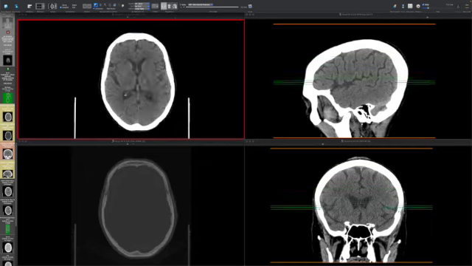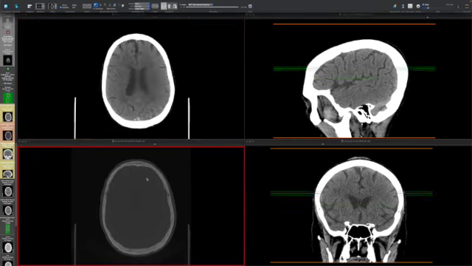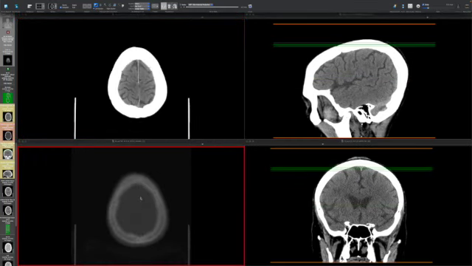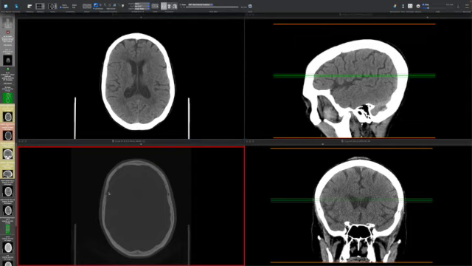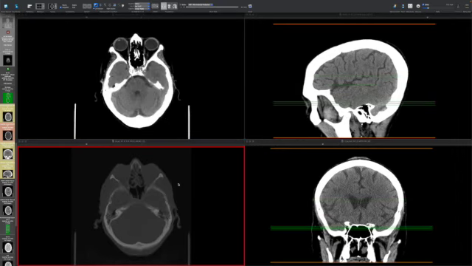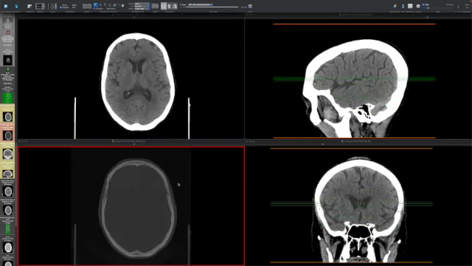One has a reconstruction kernel and windowing appropriate for looking at the brain or the soft tissues, and one is reconstructed in a bone kernel and bone window appropriate for looking at the cranial structures and other bony structures.